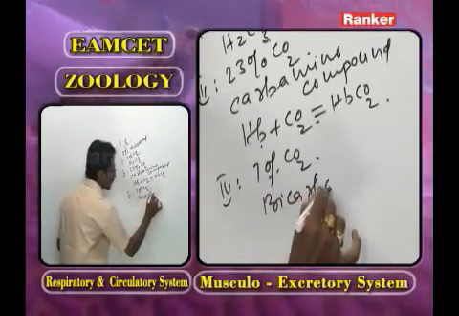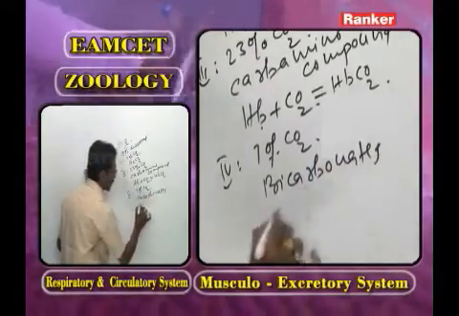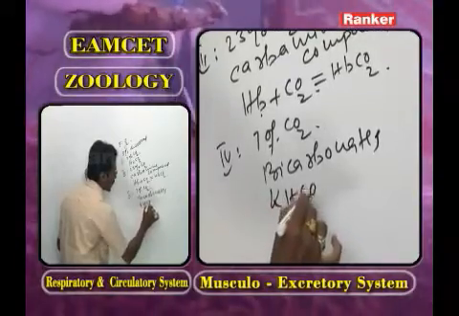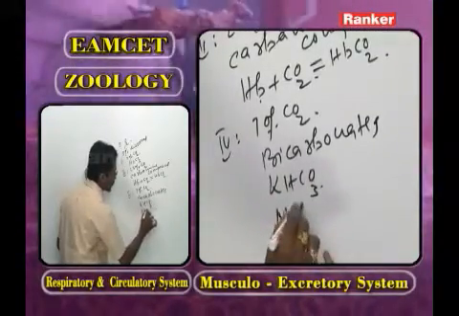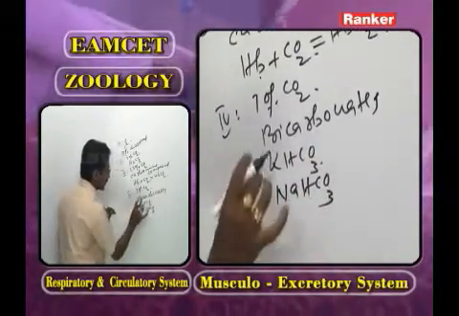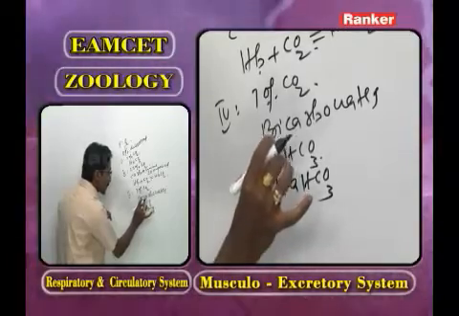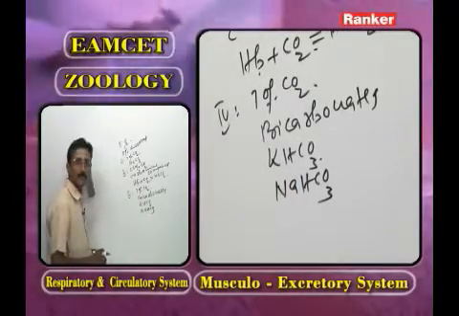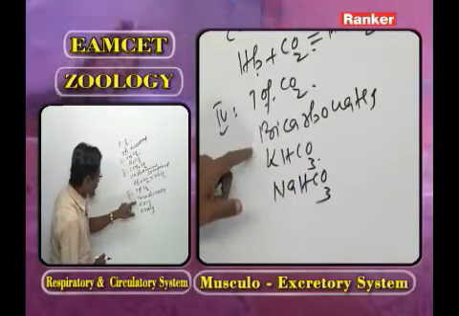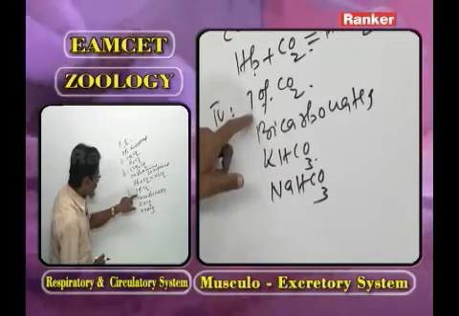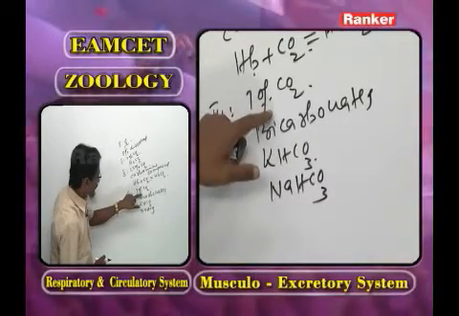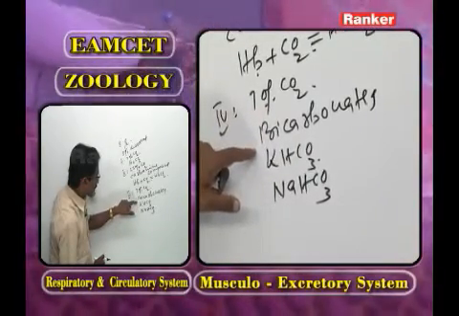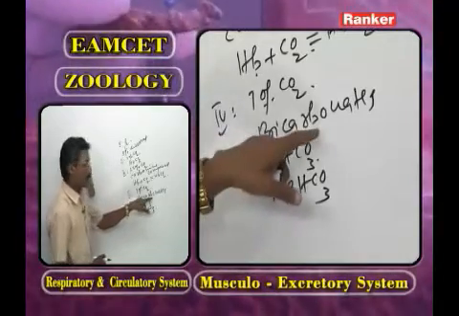bicarbonates. What are the bicarbonates here? The potassium bicarbonate and sodium bicarbonate. This is only for the explanation part. Now in the main EAMCET examination, 70% of carbon dioxide is transported in which form?